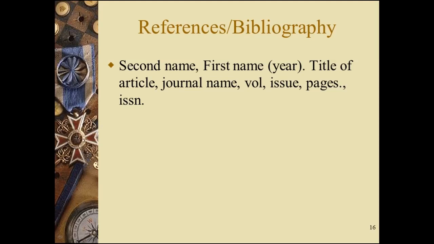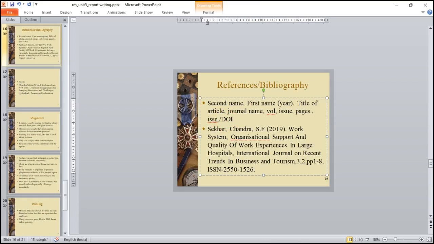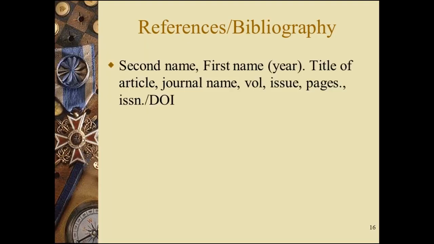If you had taken it from the internet, supposing this article is downloaded from the internet, which is not in the print form, so what you should do, instead of ISSN, there is something called DOI. So you have to mention the DOI location. There will be a hyperlink of that document. So you have to mention the DOI hyperlink here.